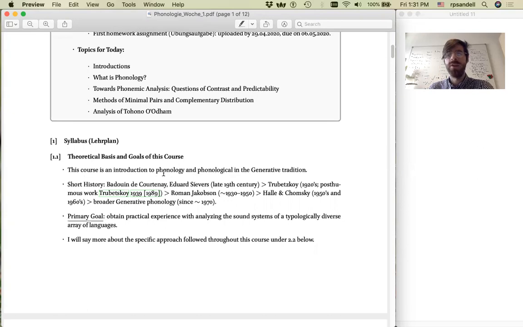Their works were influential on members of the Prague circle. For instance, Trubetskoy, whose major work, Foundations of Phonology, was first published after his death in 1939. And another member of the Prague circle, Roman Jakobson, who emigrated from Europe to the United States during the 1940s, also came to have some influence on the development of phonology.